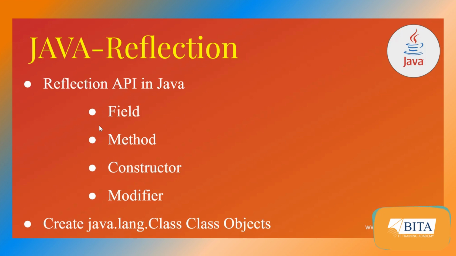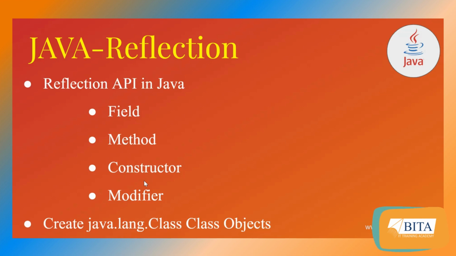What does this reflection API package contain? It contains field, method, constructors, and modifiers. Field is used to declare a variable, which may be an integer, string, character, or whatever. Method helps us extract info like access modifier, method return type, and name of the method.